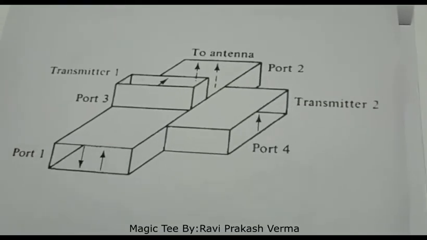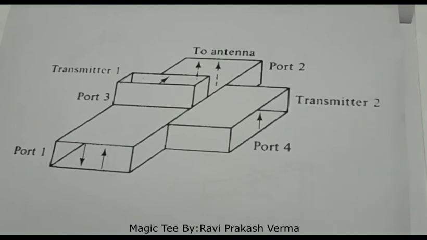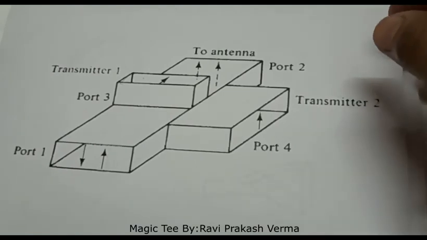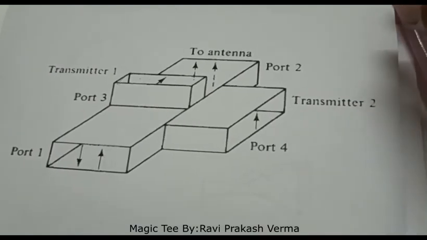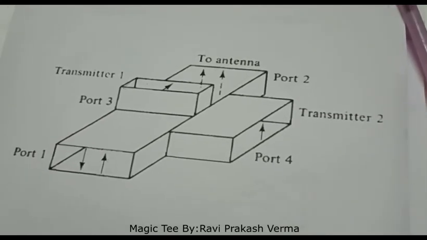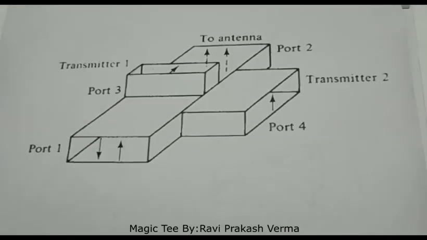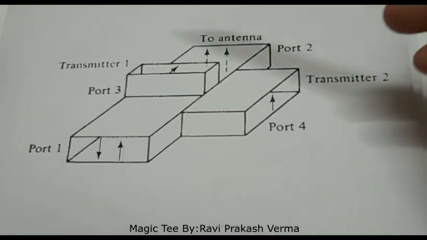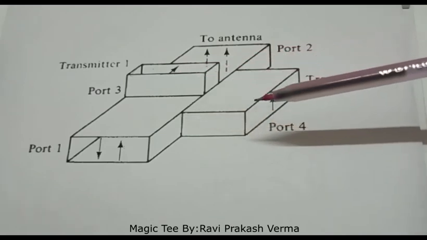Suppose as an example we have two identical transmitters in our stock, and for a particular application we require twice more input power to an antenna than either transmitter can deliver. For this we can use a magic T. The two transmitters which can generate equal power are connected to port 3 and port 4.